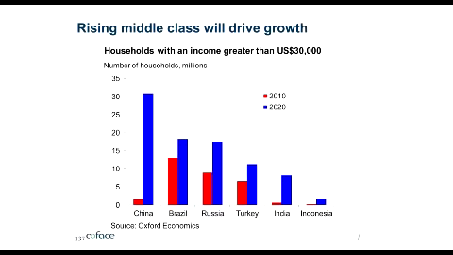And you really get a sense of the phenomenal rise, where in China a couple of years ago, the number of households with this income level was just around 1 or 2 million. But by 2020, that's likely to increase to over 30 million. And I think that phenomenal rise in the middle class will drive the development of consumption in Asia.